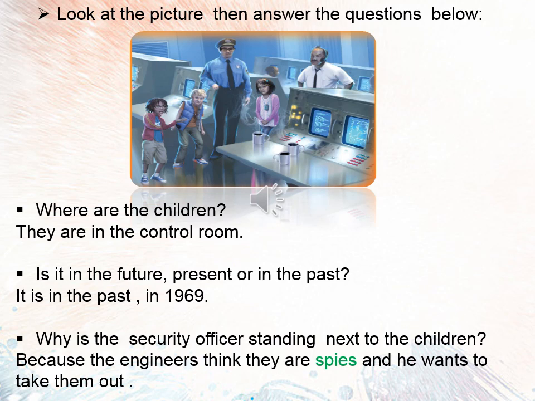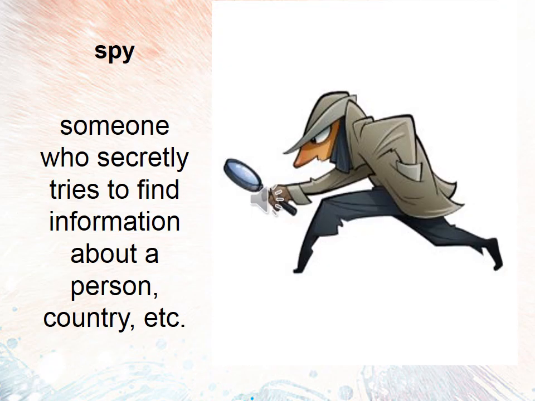Now, look at the word spies here with the green color. Do you know what we mean by it? Good job. The spy is someone who secretly tries to find information about a person or a country.